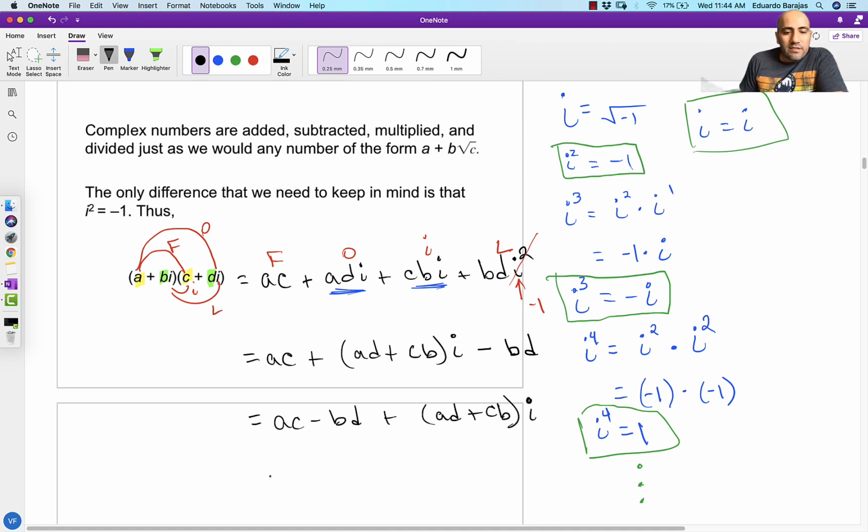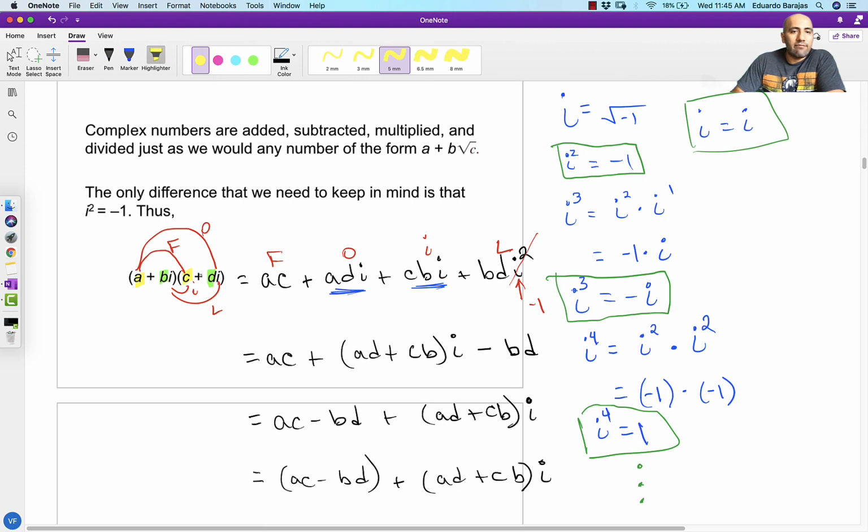And so if we think of this as one little thing over here, this is the number ac minus bd. Once you give me the specific values of a, b, c, and d, I know that I can calculate what this is, plus then I can calculate what this is, and my final answer is going to be a complex number as well.